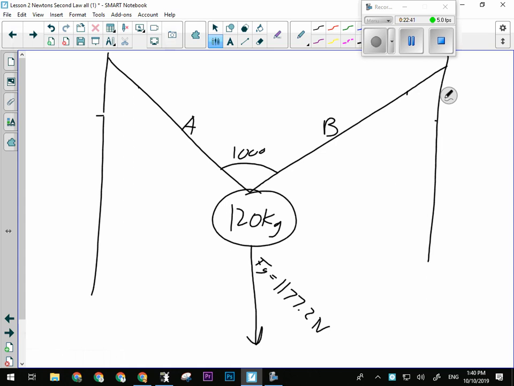Then we have two cables that are splitting the difference on the force of gravity. Each one of them is pulling up and to the opposite side. So how much of this 1177 newtons is this side of each cable's triangle?